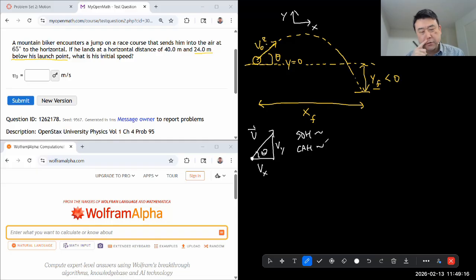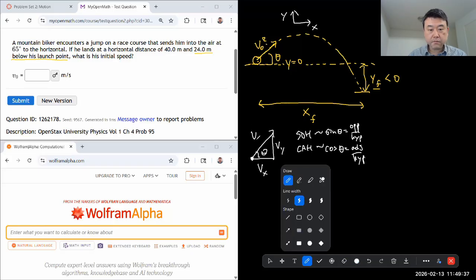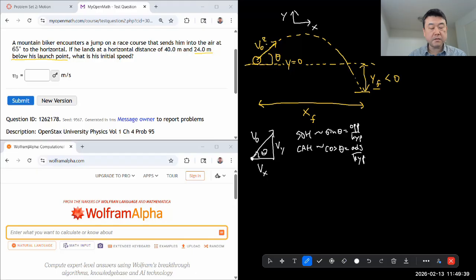From SOH CAH TOA, one says sine of an angle is the opposite over the hypotenuse, and the other says cosine of an angle is the adjacent over the hypotenuse. We can get a relationship between the initial velocity vector, let me call this V naught, the entire magnitude that we are looking for, and its x and y components.